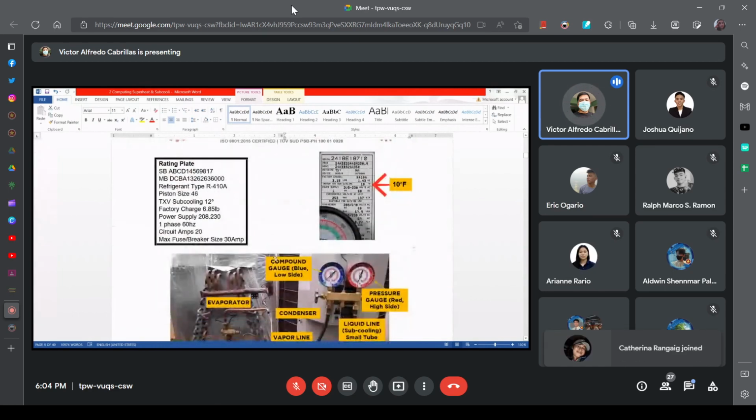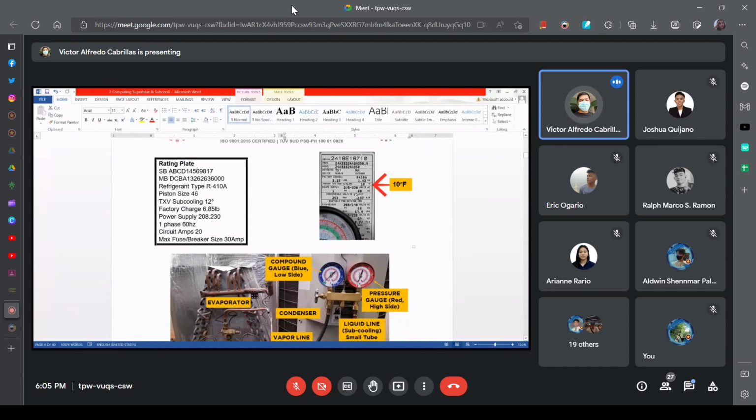So, paano mo malalaman ang subcooling ng isang unit? So, nasa likod niya, ayan, nasa likod ng inyong either split type, yung mga details. Okay? So, nandyan kung anong type ng refrigerant ang gamit sa system at kung ilang degrees Fahrenheit yung subcooling.